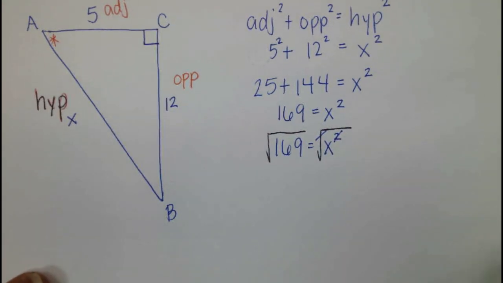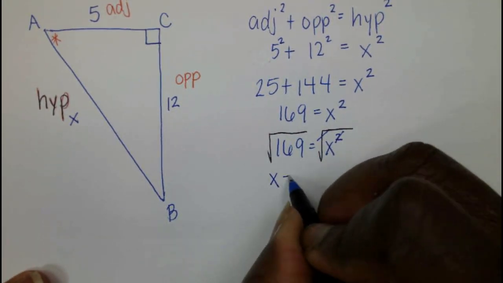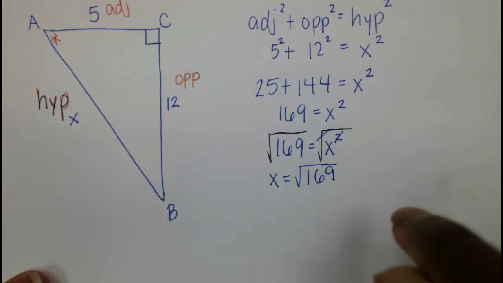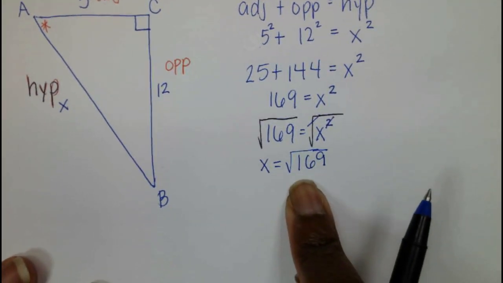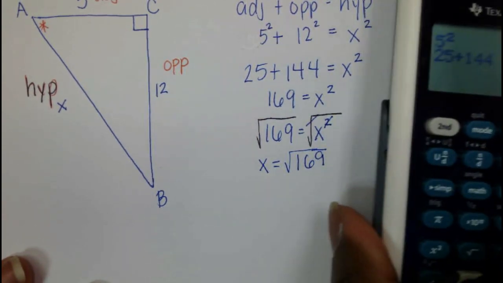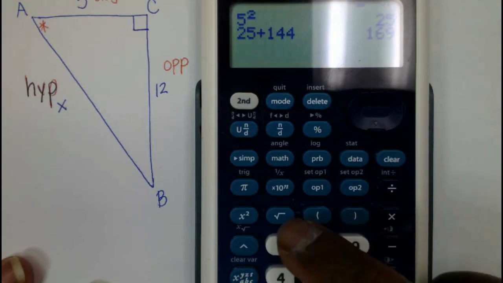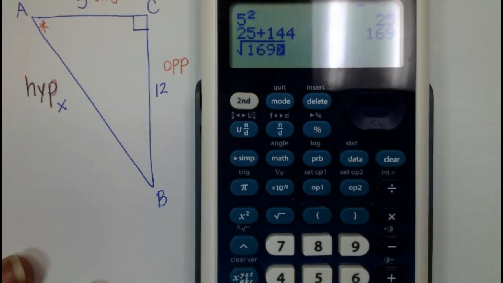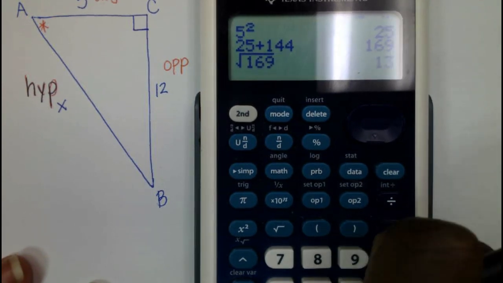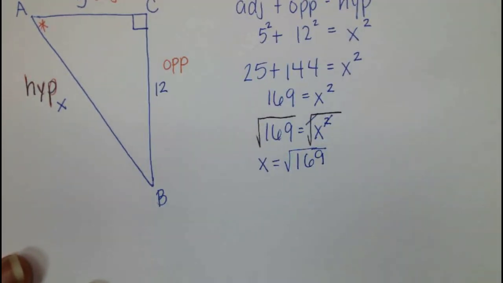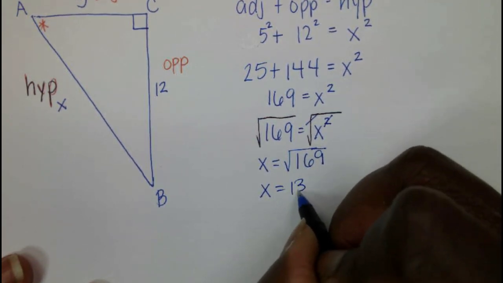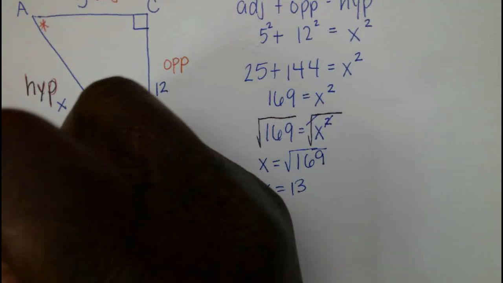Those cancel each other out. So x is equal to the square root of 169. Now, if I can square root this to one number, then it is one number. If not, I leave it under the square root. So square root of 169. Oh, 13. So x is equal to 13, or hypotenuse is equal to 13.